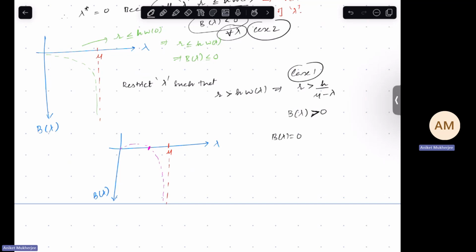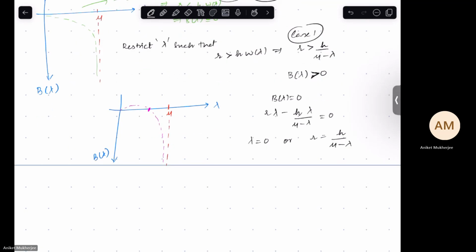Okay. So now we see that r lambda minus h lambda by mu minus lambda equals 0. So the solutions to this are either lambda equal to 0 or r equal to h by (mu minus lambda), which implies lambda equals mu minus h by r, right?